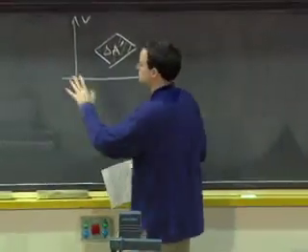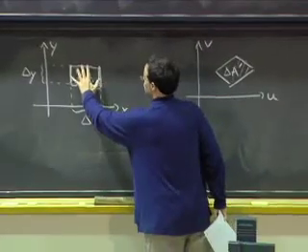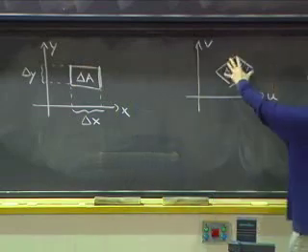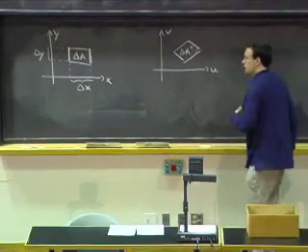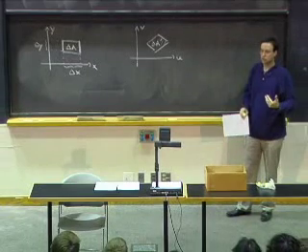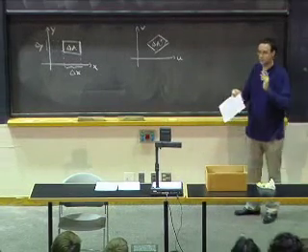Because how much I've scaled my rectangle doesn't depend on where my rectangle is. If I move my rectangle to somewhere else, I have a rectangle of the same size, same shape, it will become a parallelogram of the same size, same shape somewhere else. So in fact, I can just take the simplest rectangle I can think of and see how its area changes. And if you don't believe me, then try with any other rectangle. You will see it works exactly the same way.